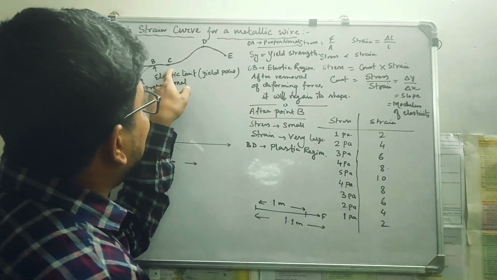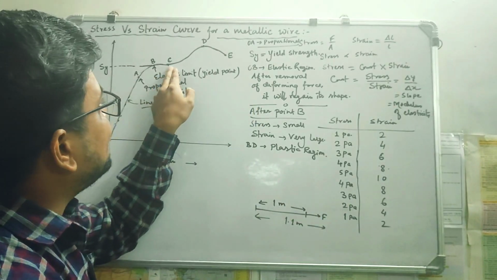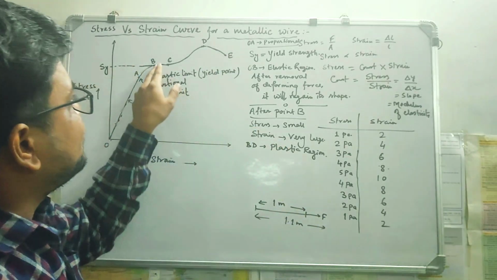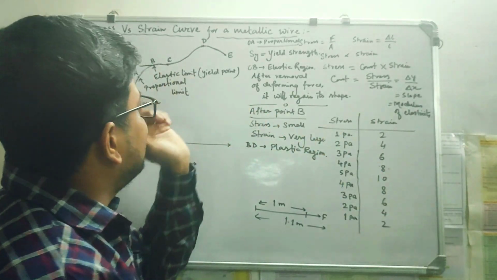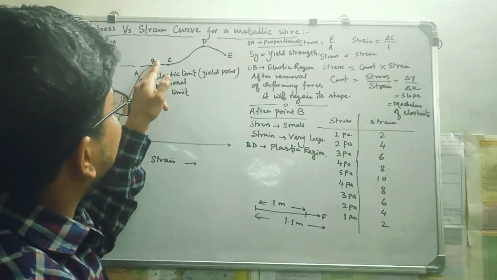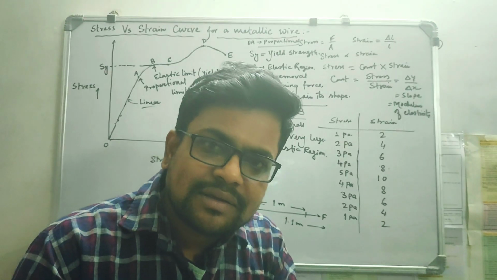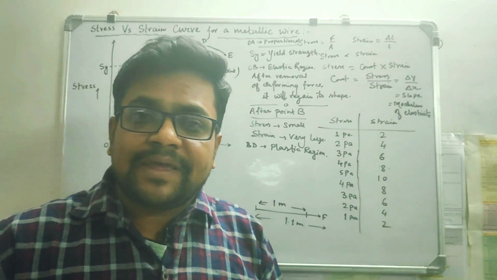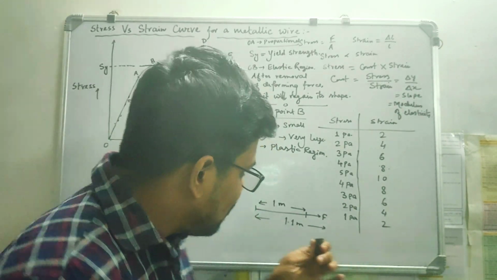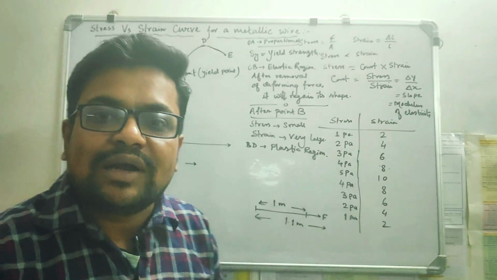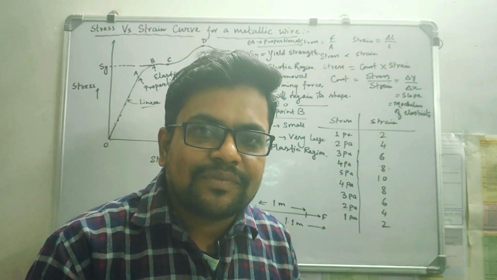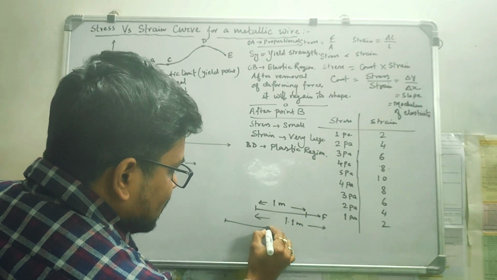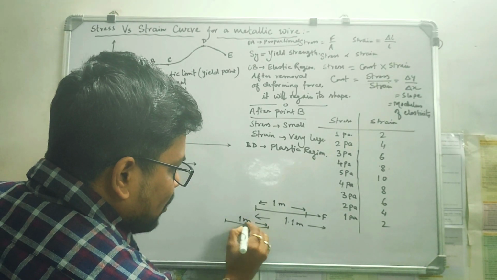So what will happen at point C? C is any arbitrary point between point B and point D. क्योंकि C point elastic limit के बाहर है, so what will happen? When we remove the deforming force, the original 1 meter length will never be regained. क्या होगा? A permanent change will happen. Let's assume the initial length of the wire was 1 meter.